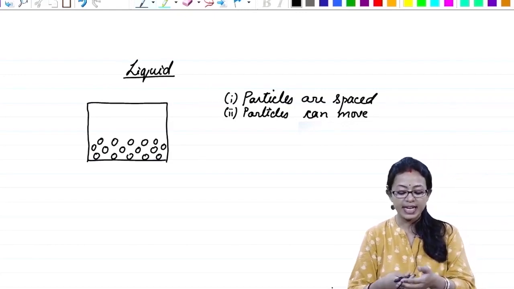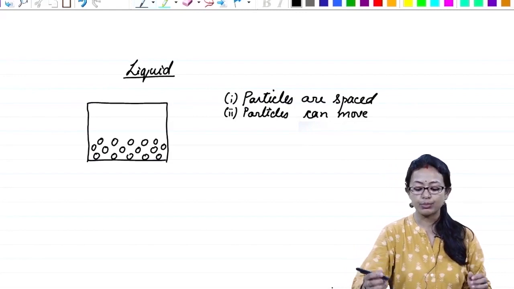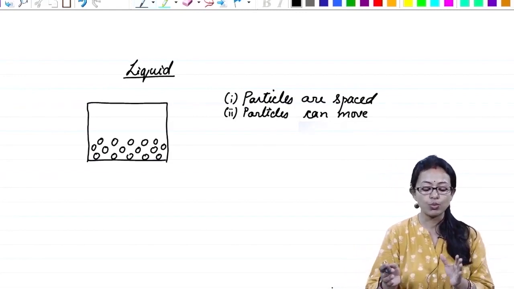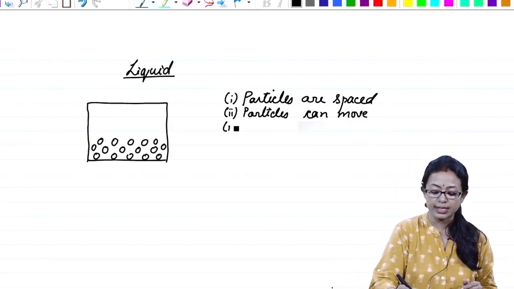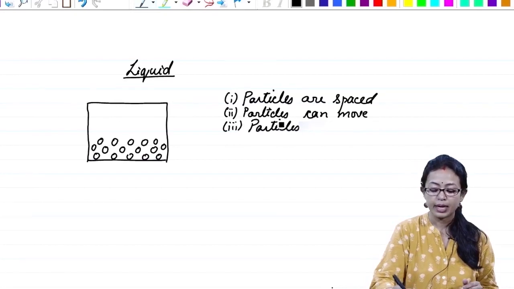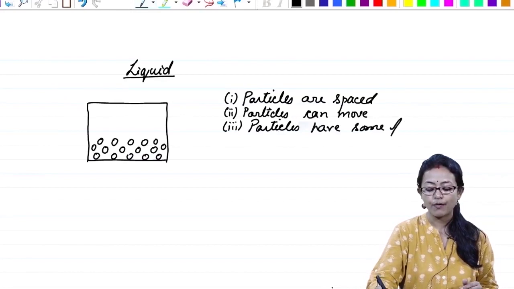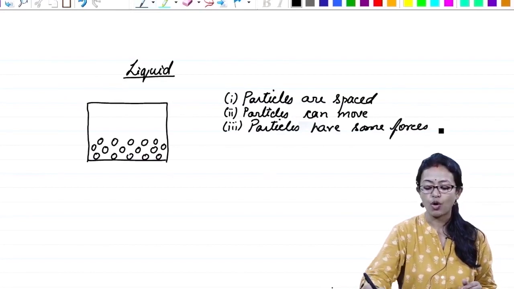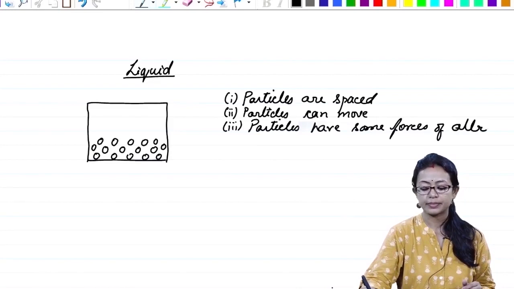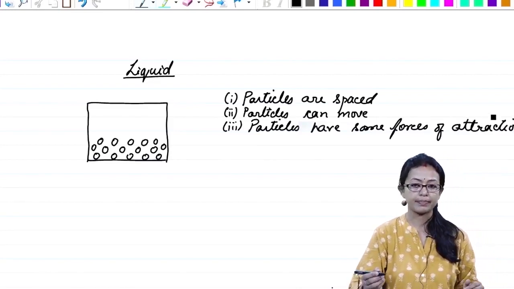We just find that the particles can move. They have enough space to move around. The third is that the particles have some forces of attraction.